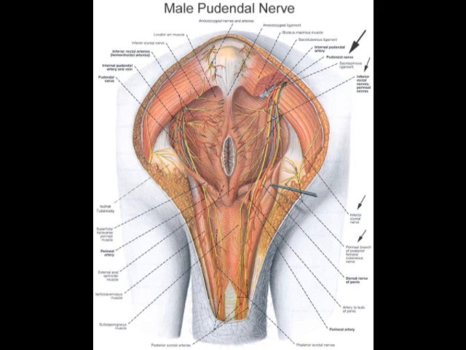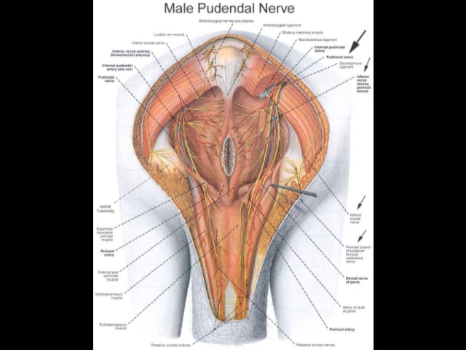And both of these branches of the pudendal nerve, dorsal and the perineal, whether it's the deep perineal nerve or just the perineal nerve in general, both of those are outside of the Alcock's canal.